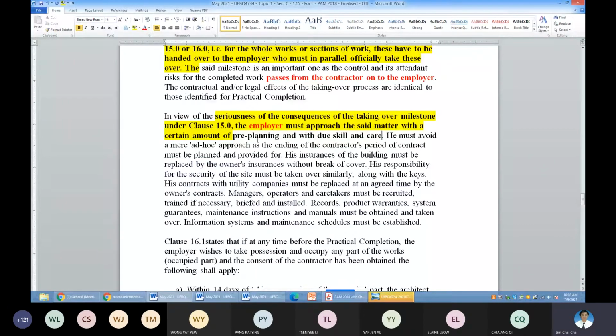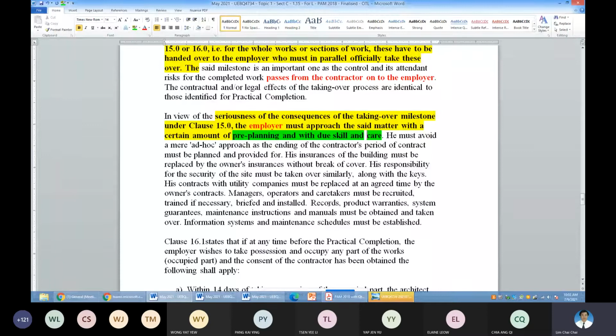Okay, residential structure not so problematic, but you're talking about commercial structure, for example hotel, shopping complex. These are important items that the consultant must advise the employer accordingly. Okay, to get the proper people to man the building: security, paperwork, maintenance workers, and so on.